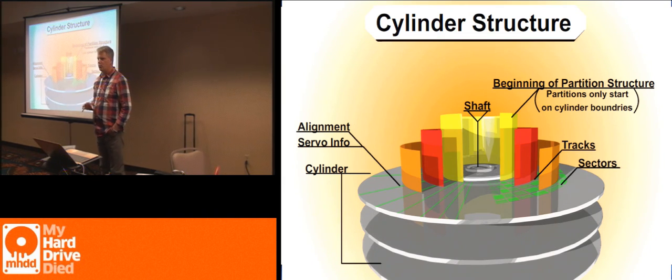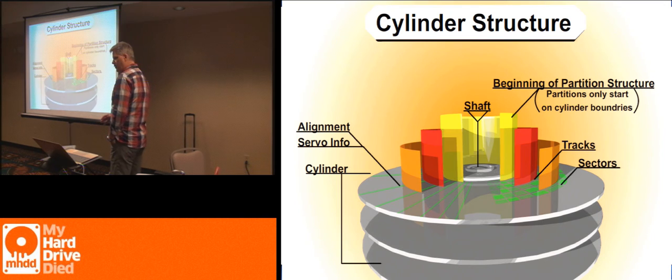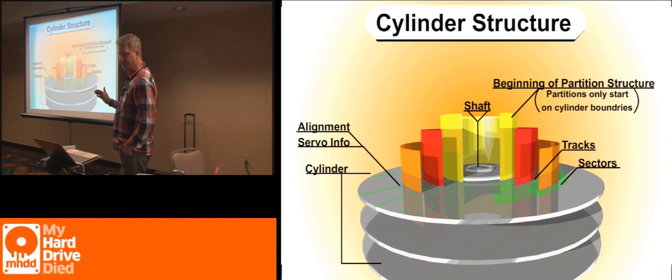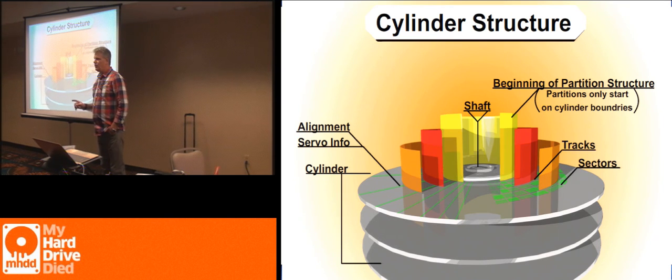So FDISK, when they're designing FDISK, they have a definition that they say you must follow. All the way through 2008, FDISK had a definition. It said a partition must begin on a cylinder boundary. That's what it says. Still says it in the documentation today.